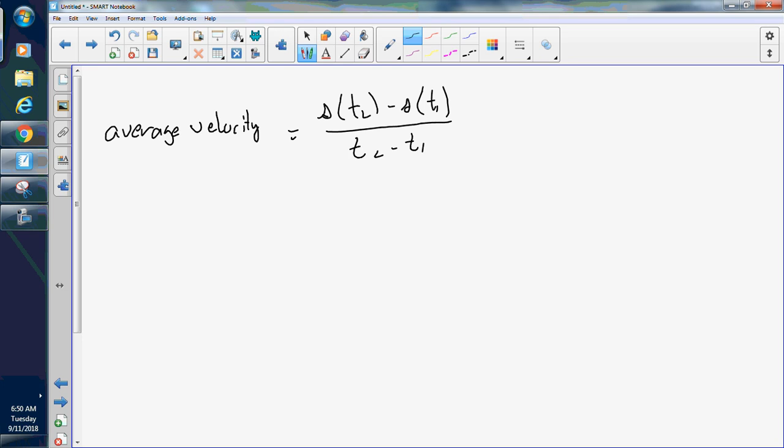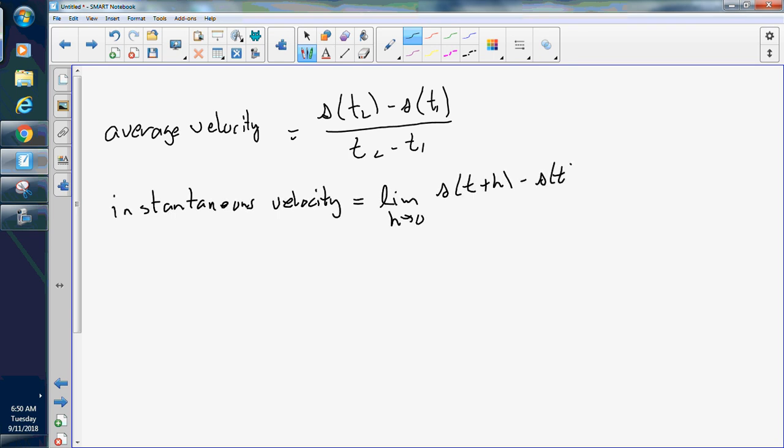Now if we want to find the velocity at any instant, or the instantaneous velocity, the instantaneous velocity is the limit as h approaches 0 of s of t plus h minus s of t over h, or what we've come to know as the derivative of s.